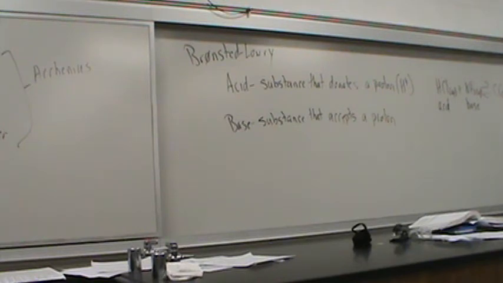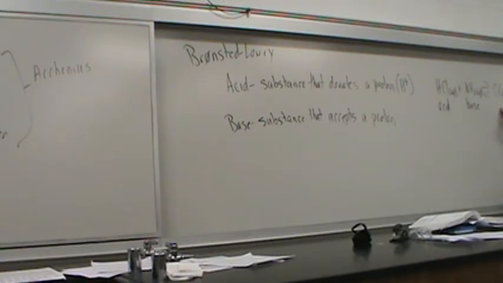Now we also have acids and bases on the right-hand side of the reaction as well. They are conjugates. The word conjugate, what does that mean? You might know. Yeah, they go together. If something is an acid on the left-hand side, on the right-hand side its conjugate is going to be the opposite. So HCl was the acid on the left-hand side.